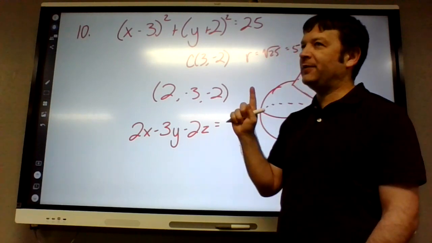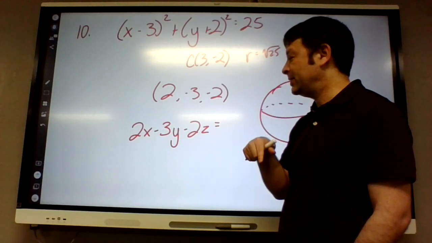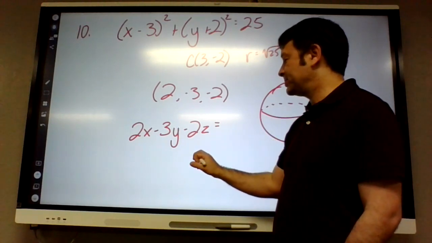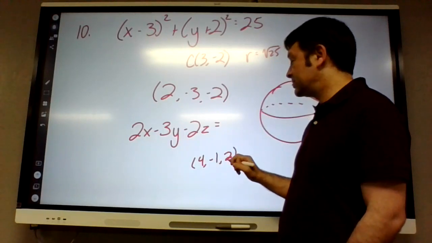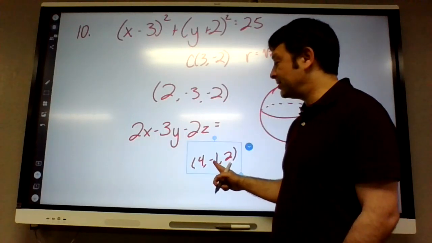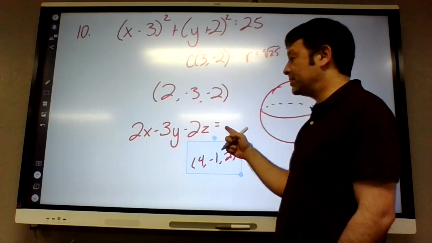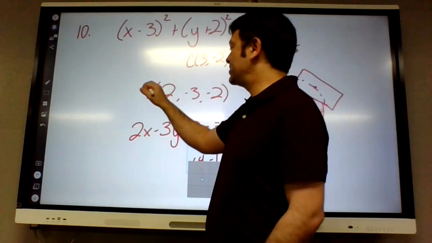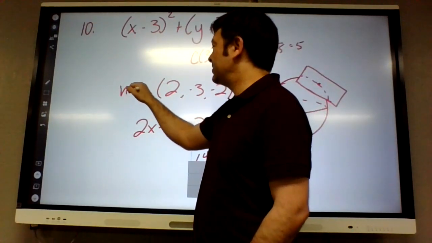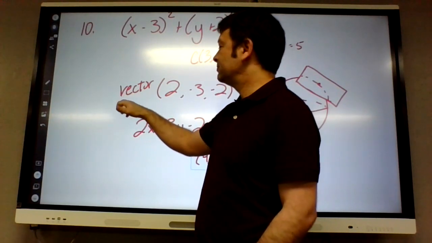Okay, well, they gave us a point that was on the plane. I'll just make something up. Let's say it's 4, -1, 2. If that's on the plane, when we plug in 4, -1, and 2, it should equal whatever this number is. So this is a vector that is perpendicular to the plane.